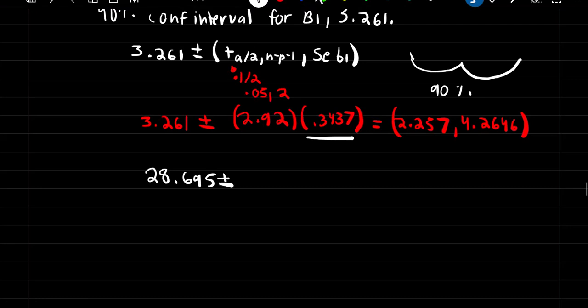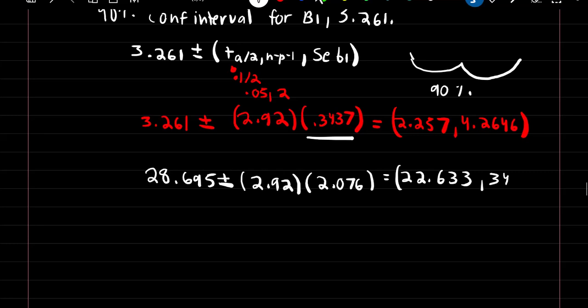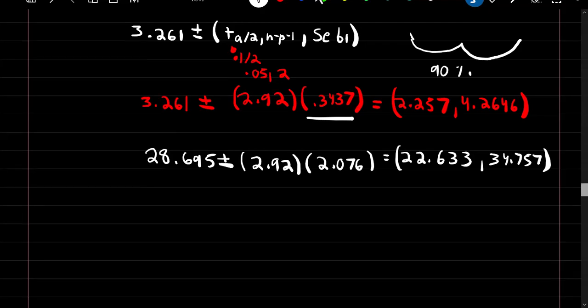If we're doing 90% confidence, we can use the same t-value of 2.92, times our standard error of beta 0, which we found to be 2.076, and we're going to get a value of 22.633 to 34.757. So we can say with 90% confidence that the true population parameter falls within the interval 22.633 to 34.757.